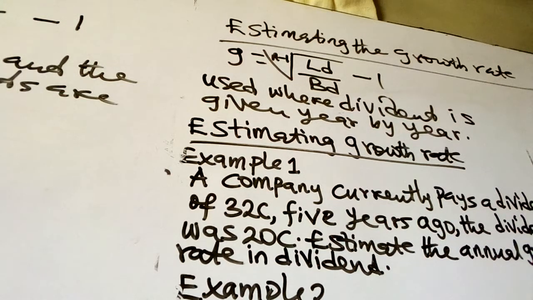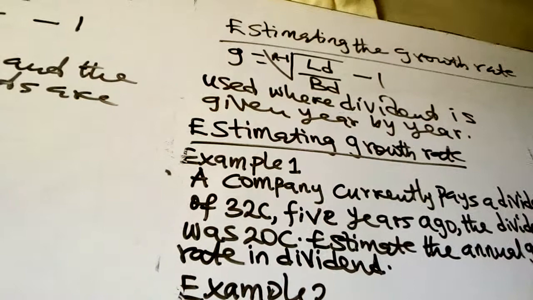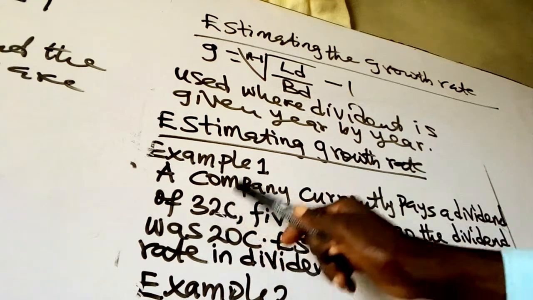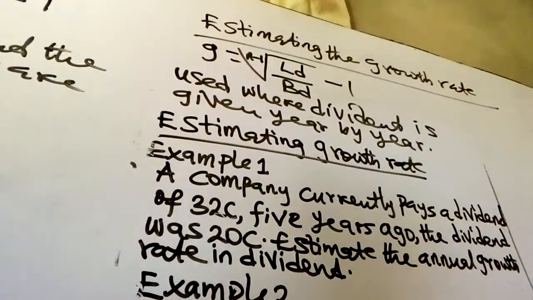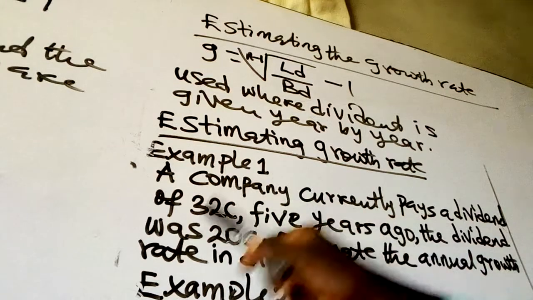Now, example. A company currently pays a dividend of 32 cents.